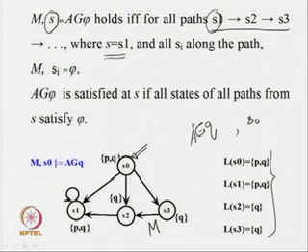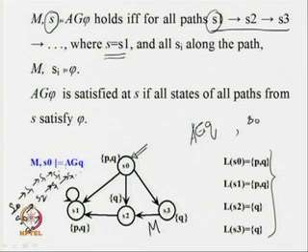One will go from S0 to S1, then S1, S1 like that. The second one will go from S0 to S2, then from S2 to S1, then it will remain in S1 like that. Another path will go from S0 to S3, from S3 to S2, and from S2 to S1, and like that it will remain in S1.